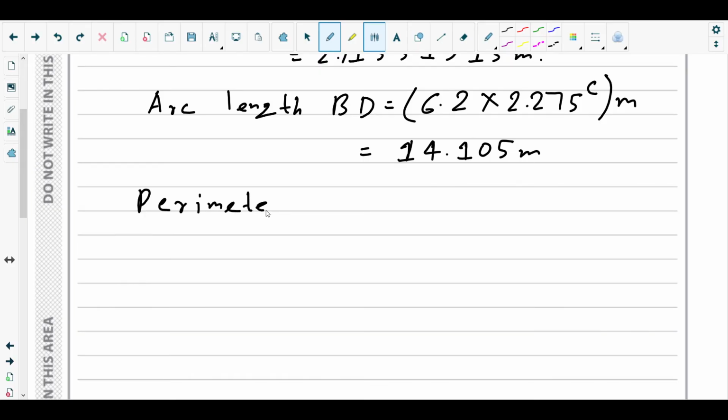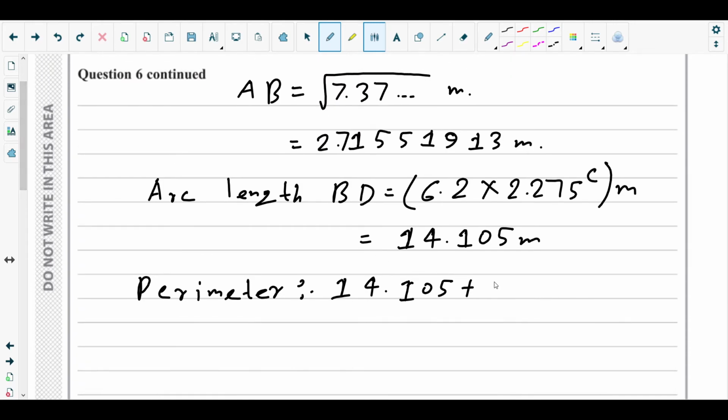Done. Now we just need the perimeter, so we will just add them up. So perimeter would be 14.105 plus 2.715, this keeps going, times 2, because of the two equal lengths, right?